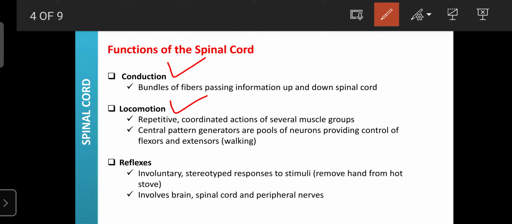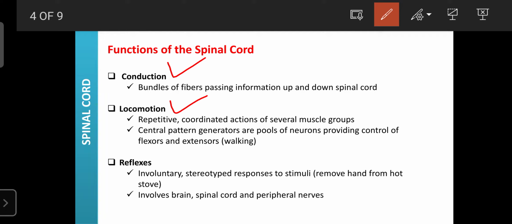In the lumbar region, if any injury occurs during an accident, during driving, or during an abnormal sleeping pattern, then the lumbar region is injured, and that is known as spinal bifida. Due to that, we suffer from paralysis of the lower limb.